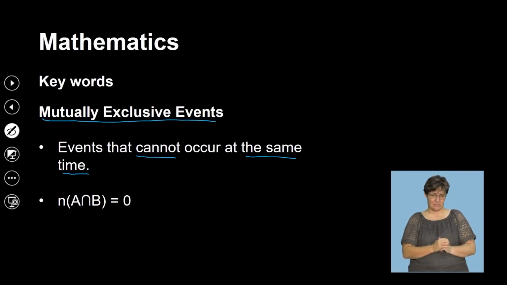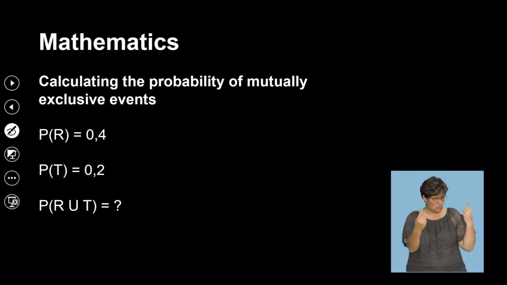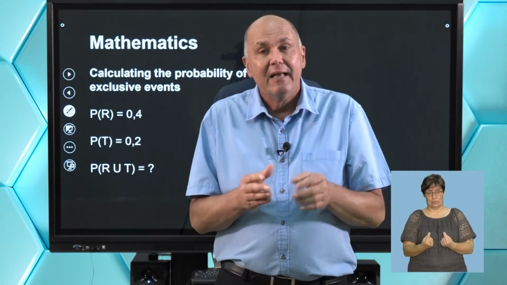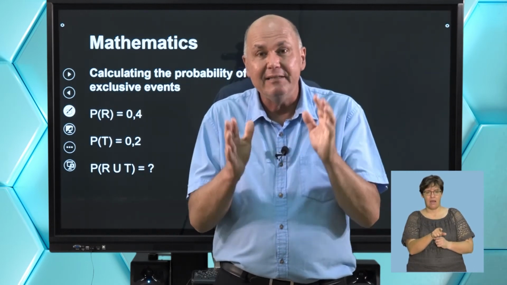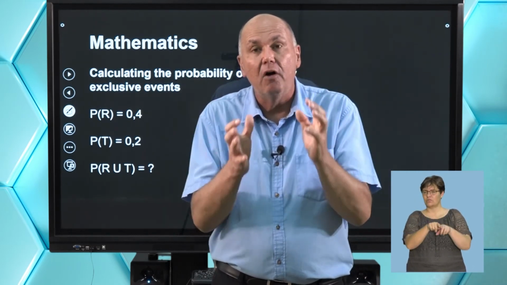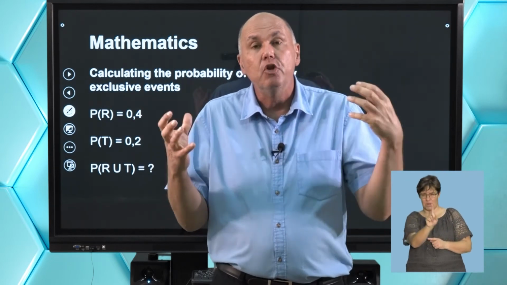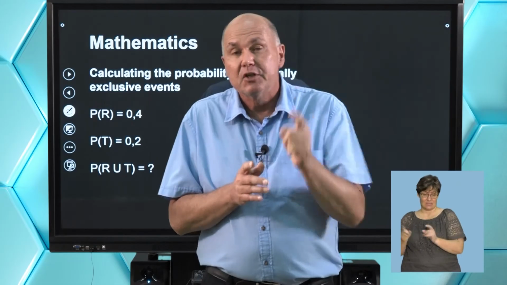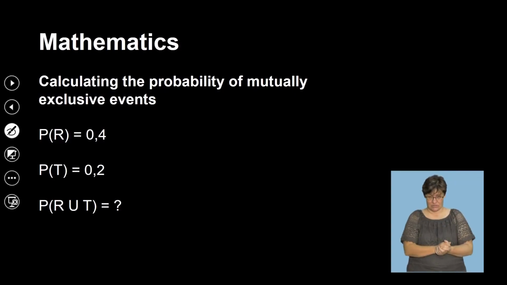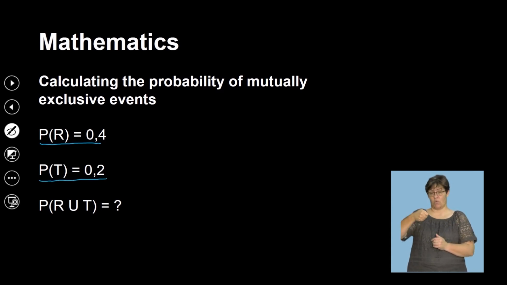Now, we often need to test if something is mutually exclusive. And so we're going to do a little exercise or activity that helps us understand the idea of the union of two mutually exclusive sets. So have a look at the data first of all. We're saying that the probability of R is going to be 0,4. The probability of T is going to be 0,2.